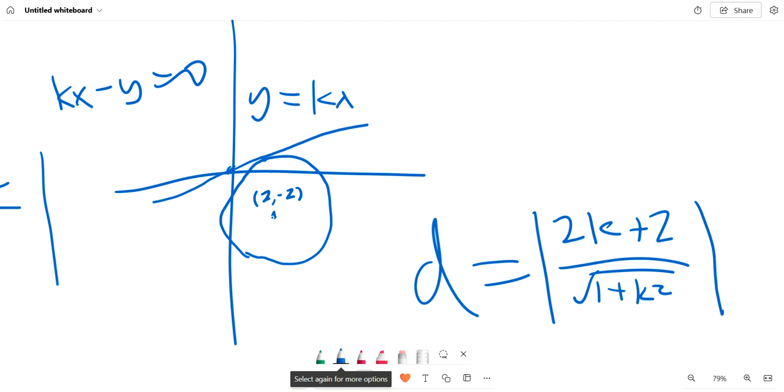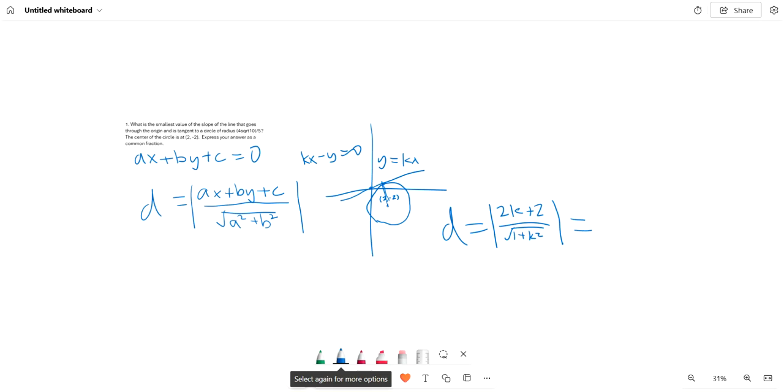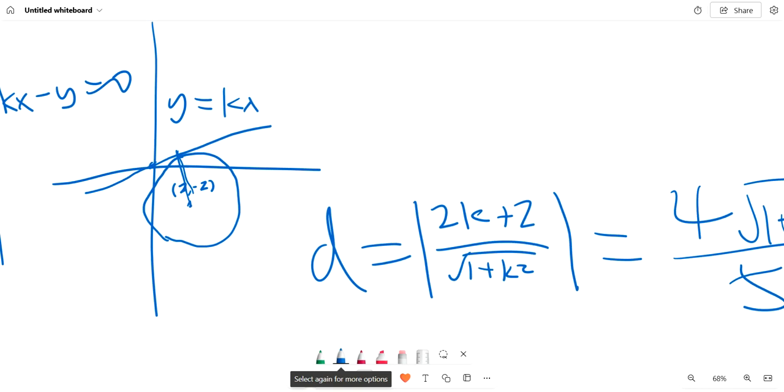Because we're finding the distance from the center to this line, and we know that the radius is just that distance, this equals 4 root 10 over 5. Because we know the slope is positive, this part is positive, and square roots are always positive, so this part's also positive.